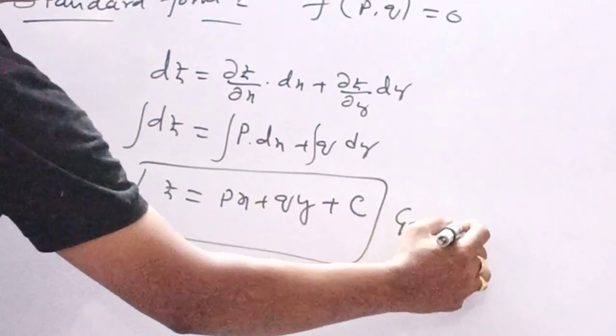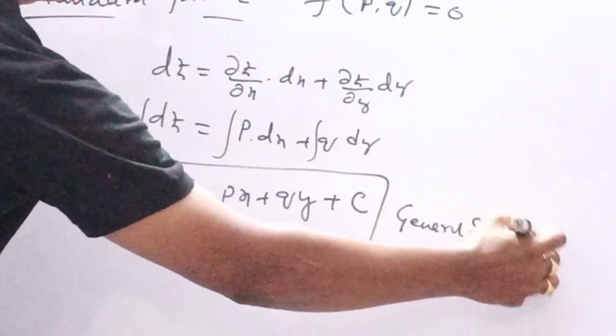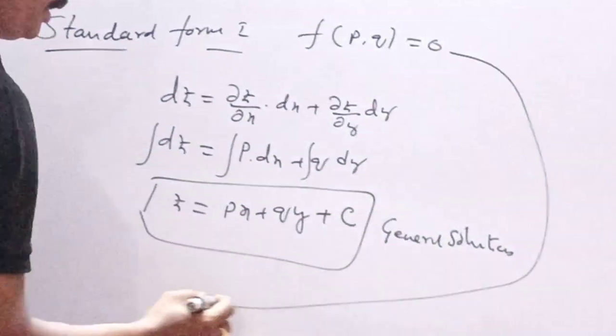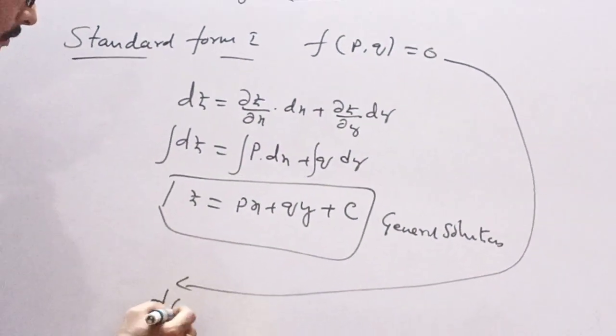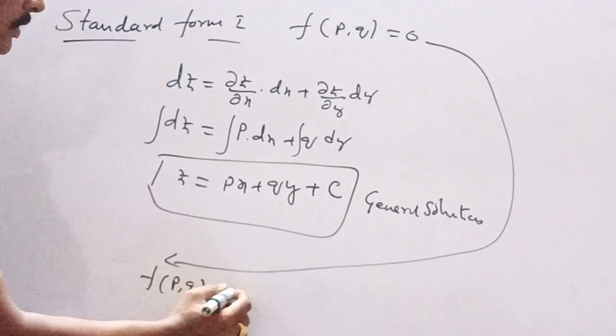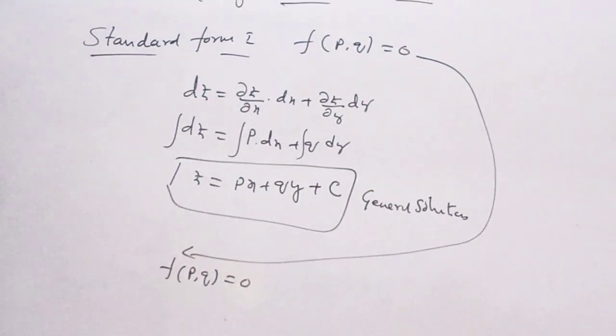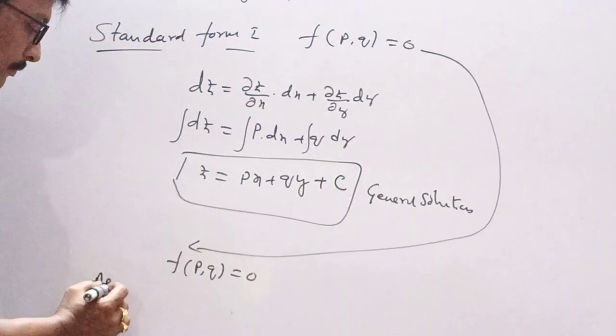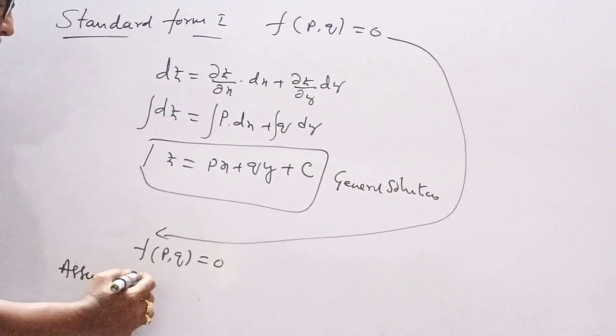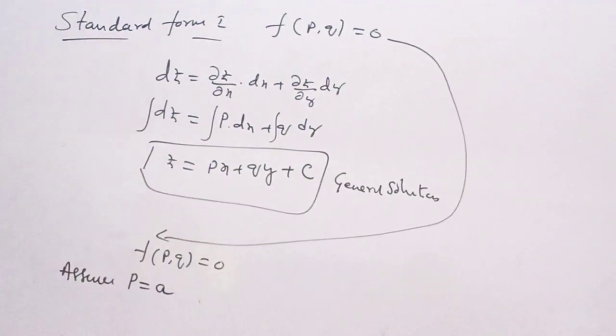The standard equation is f(p, q) = 0. Here you assume p equals an arbitrary constant a.